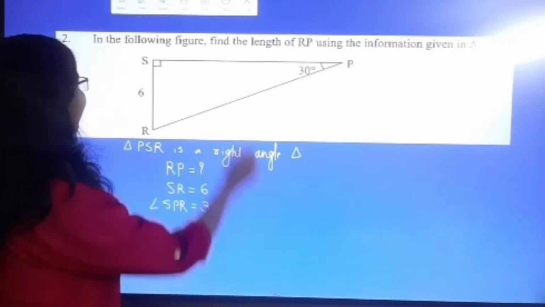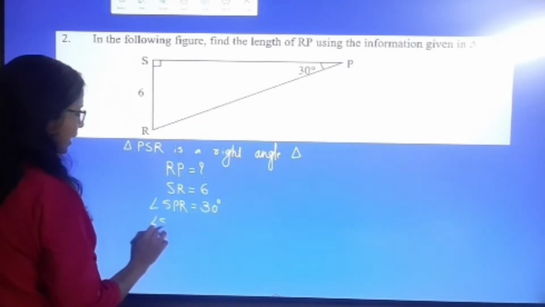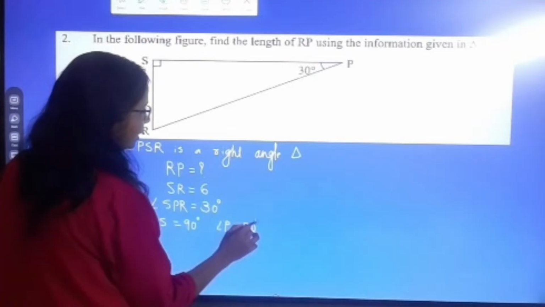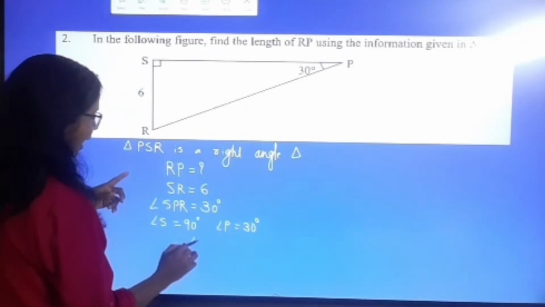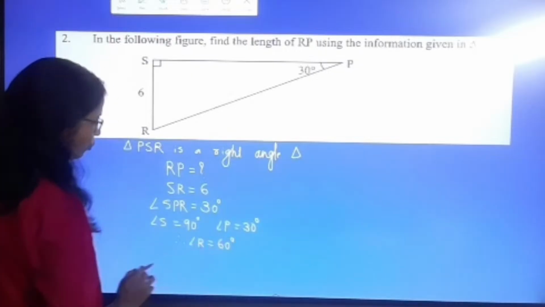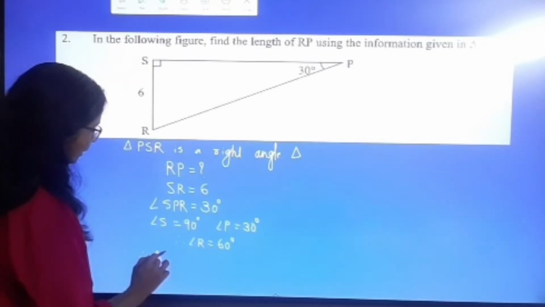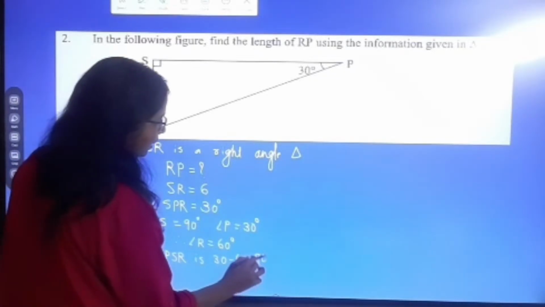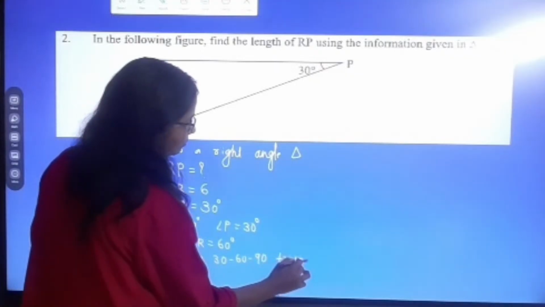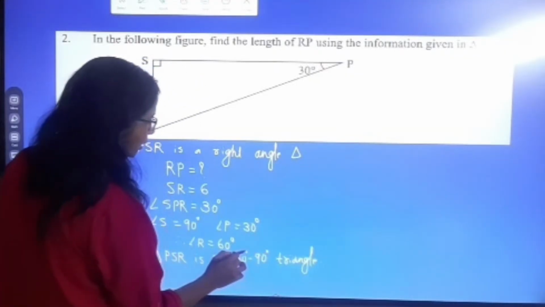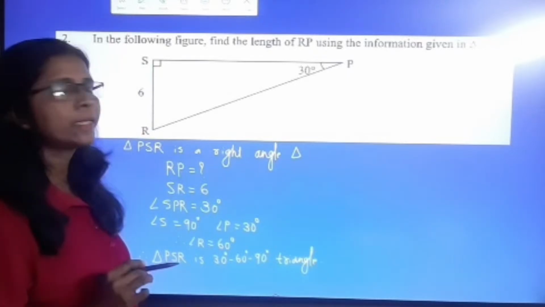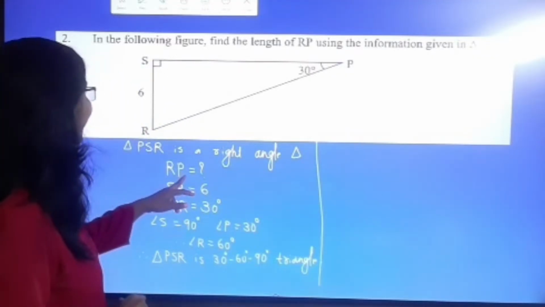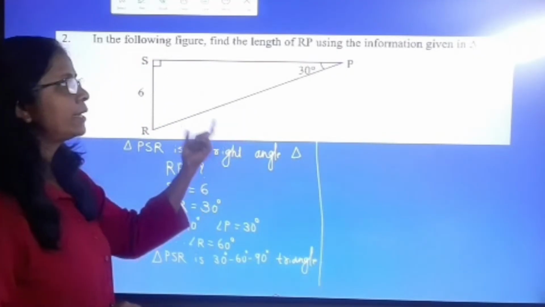Here angle S is 90 degrees, angle P is equal to 30 degrees, therefore angle R becomes 60 degrees. So we can also say that triangle PSR is a 30, 60, 90 degree triangle. Now by this 30, 60, 90 degree triangle property, we have to find out RP, that means the hypotenuse.